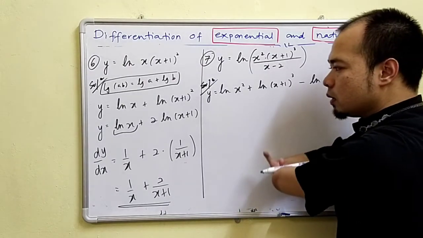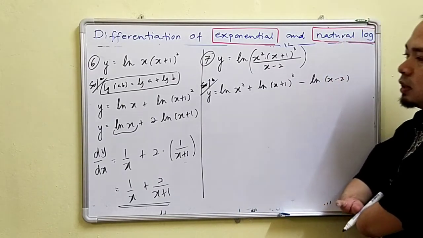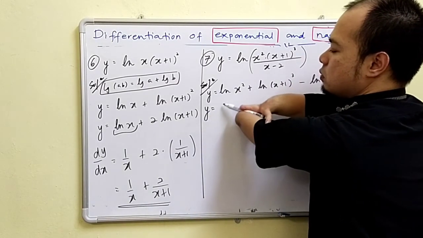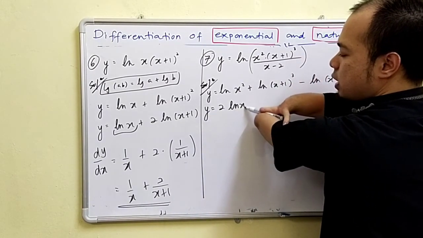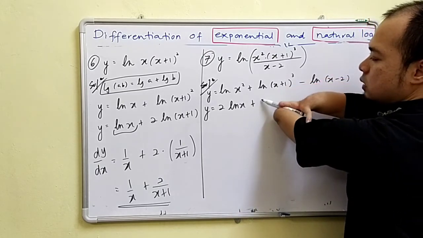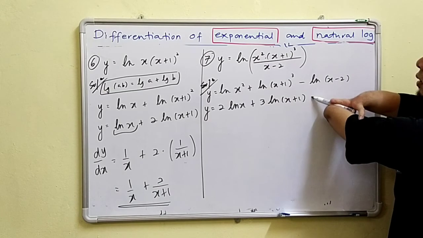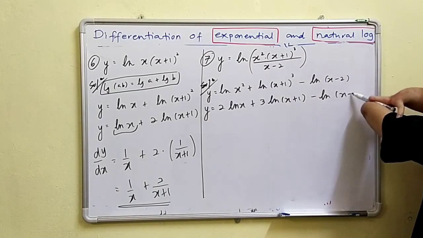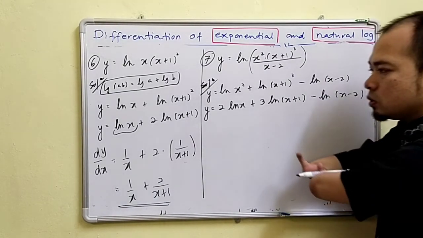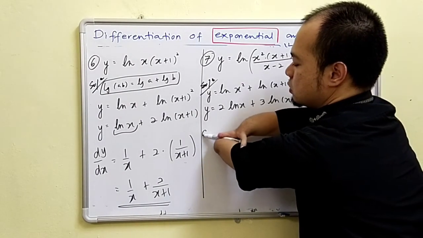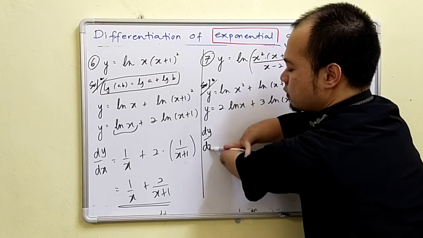Can we do the dy over dx right now? Not yet. Power. So y is equal to 2 ln x plus 3 ln x plus 1 minus ln x minus 2. Can we do the dy over dx right now? Yes, you can.